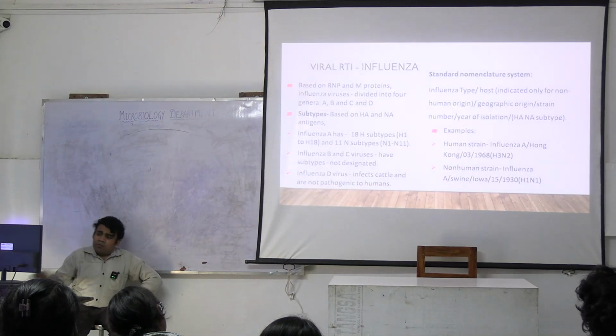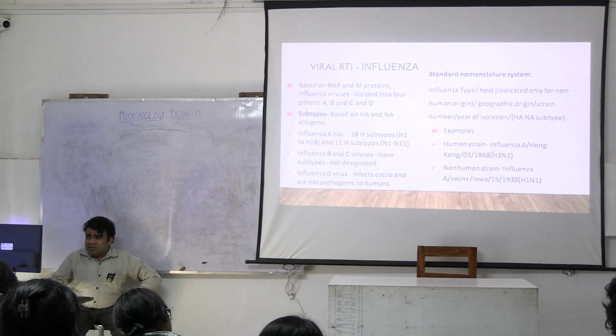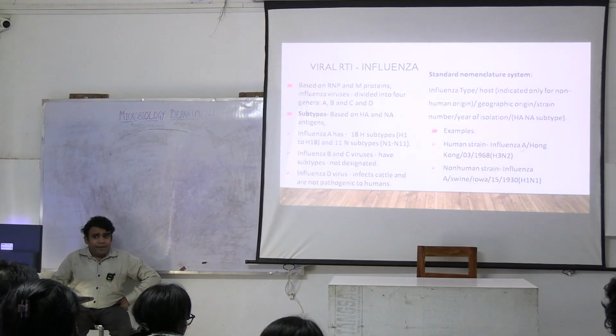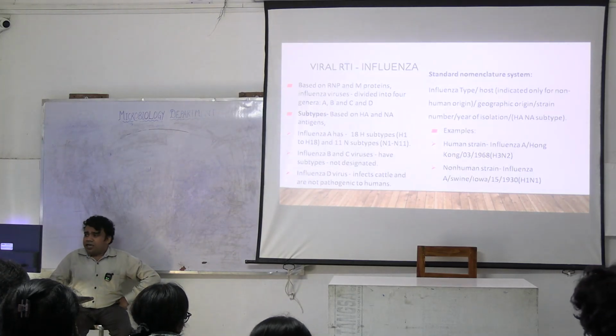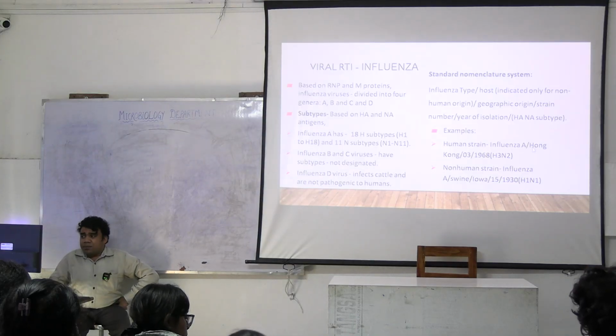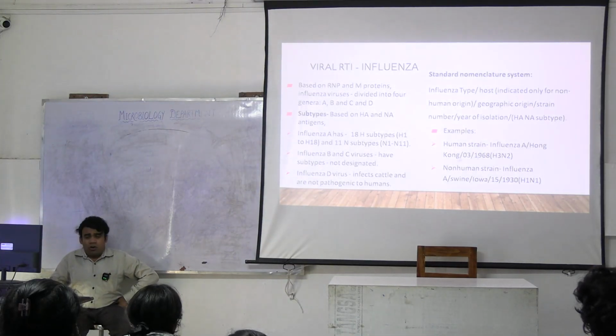Okay. For example, look over here, there is a virus, it is named in this fashion. Look at this example. Influenza A. I have already told you there are 4 types, A, B, C, and D. Influenza A. Next, the place where it was isolated. For example, this strain was isolated in Hong Kong. Then, in which year?